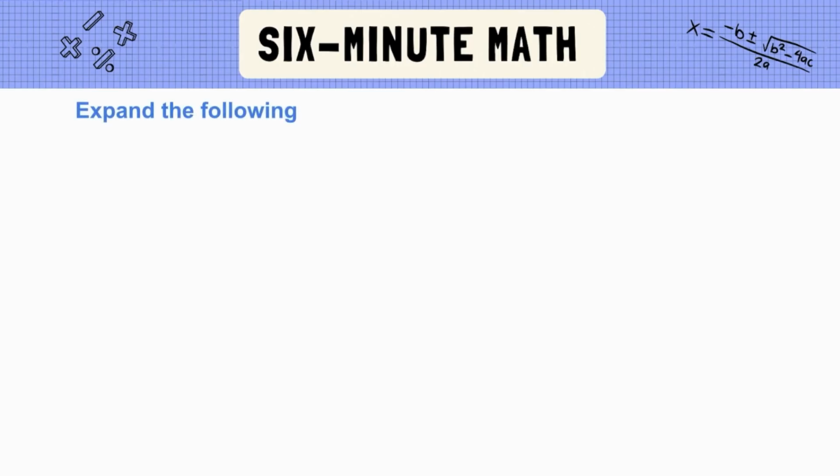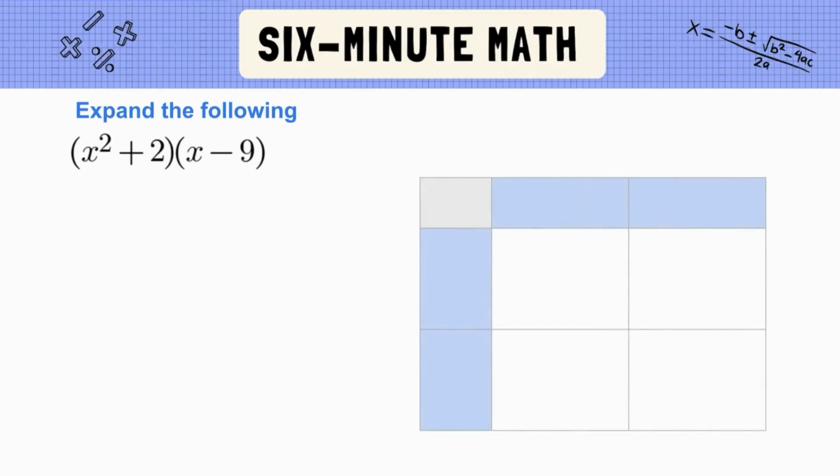How about if I expand x squared plus 2 times x minus 9? I have my rectangle, and I write my separate terms. We're going to go x squared plus 2 on top and x minus 9 on the left.